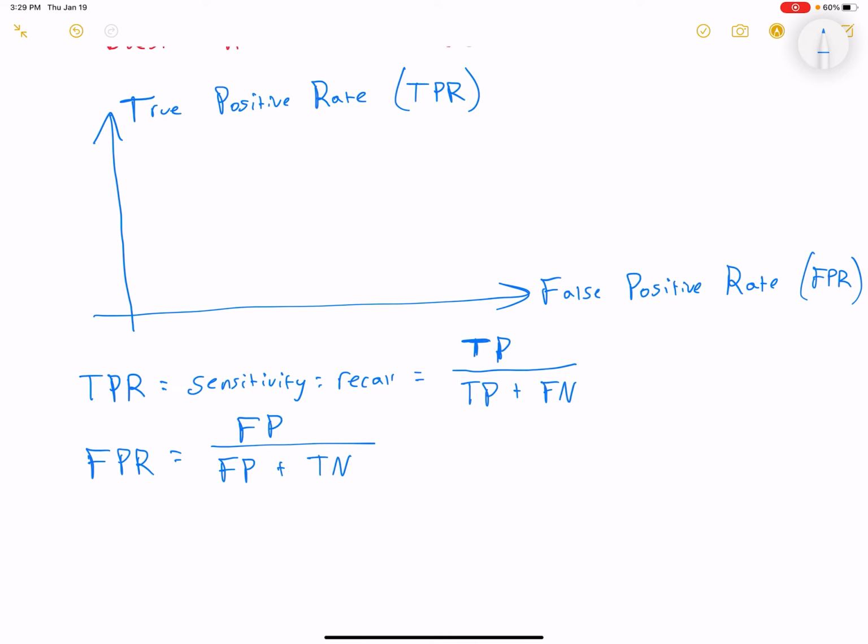As you choose different decision thresholds, so 0.5, let's say you made it 0.7 instead, the false positive rate and the true positive rate will differ.